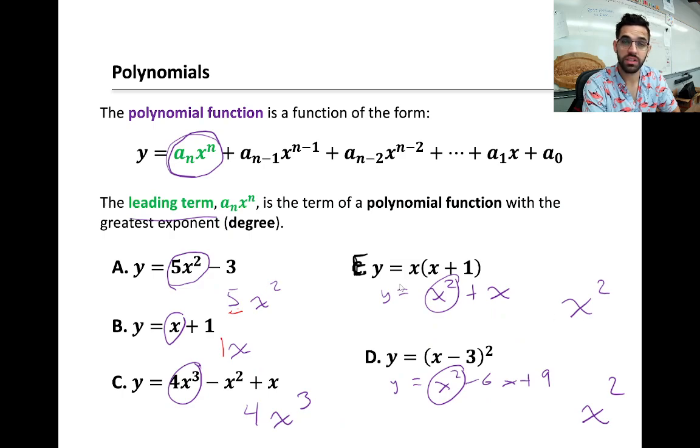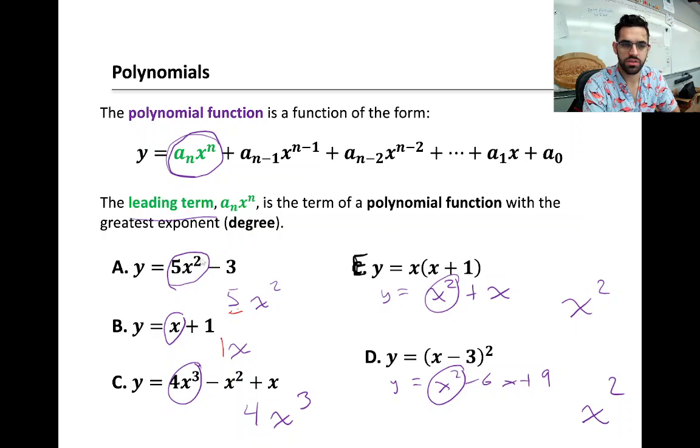All right, leading term. So once you've identified the degree, the whole term where you found that degree is called the leading term. It's the term with the greatest exponent on x. And we include the number in front of x, we include the x, and we include the x exponent. The whole thing is a leading term.